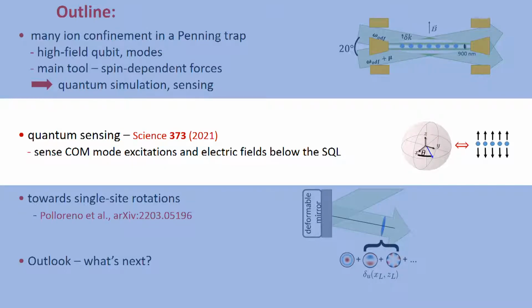And that's because a weak electric field will excite the center of mass mode of an N-ion crystal to the same amplitude as a single ion. In the protocol that I'm going to describe, we map that amplitude onto spin precession. And when we measure spin precession, our measurement improves as 1 over the square root of N because the projection noise goes down as 1 over root N when we measure this angle.